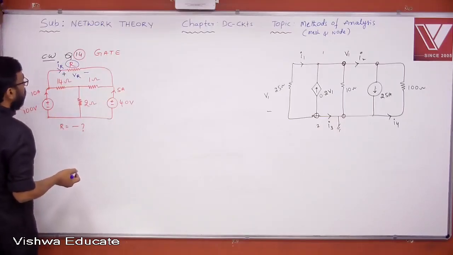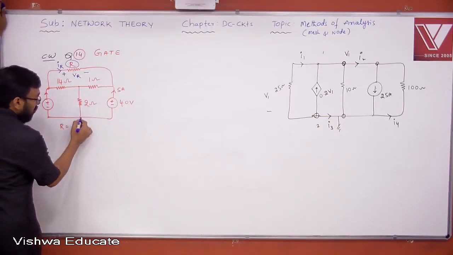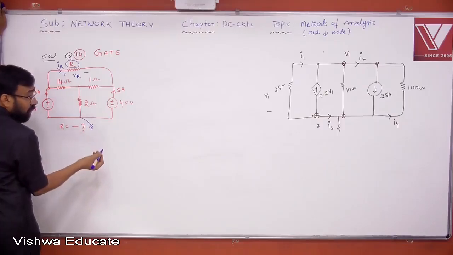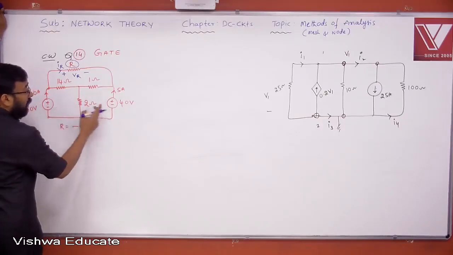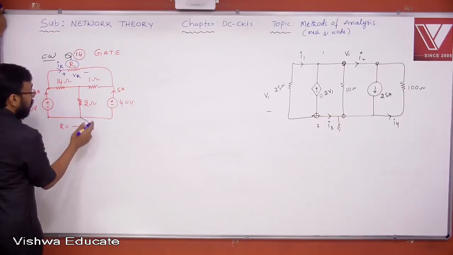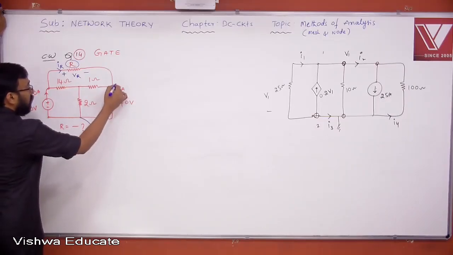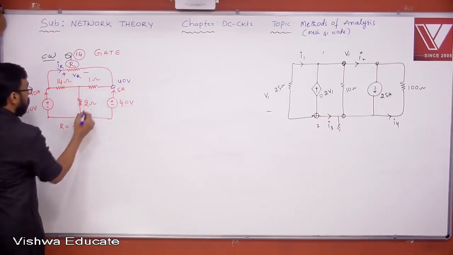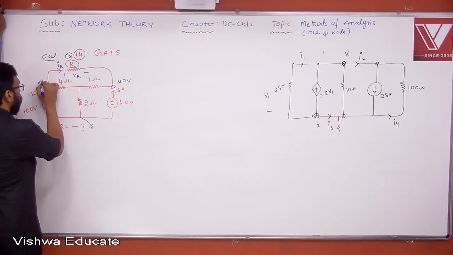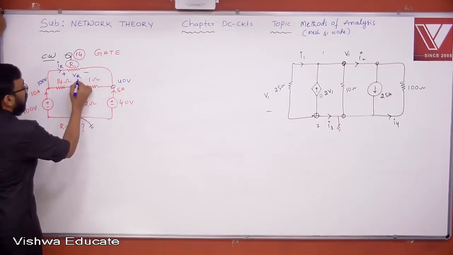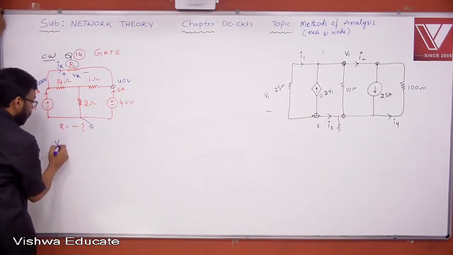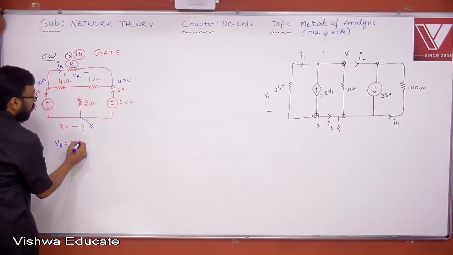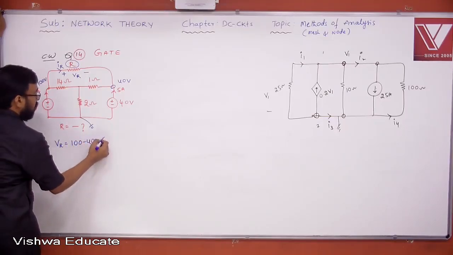Now, if you take this as 0, because node analysis is always the best method since there are 2 ideal voltage sources connected here, then obviously this is 40 volt. What about this? 100 volt. Now 100 minus 40 will give you VR. Therefore VR is equal to 100 minus 40, 60 volts, you got it.